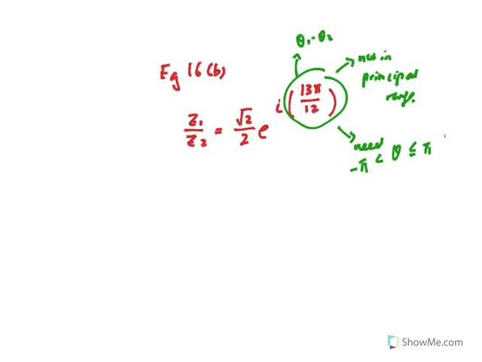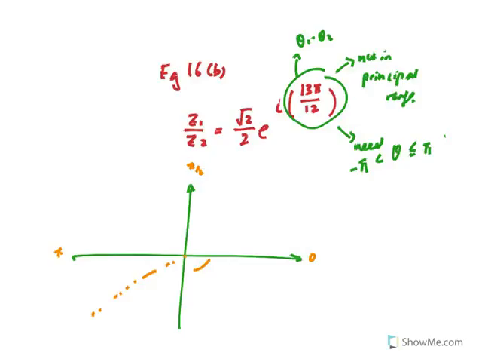Another way to go about doing this is to just draw it out. Say 13 pi over 12. It should be somewhere here. This is 0, this is pi over 2, this is pi. So 13 pi over 12 should be somewhere here, correct? But where is the argument? The argument is actually here. How do we measure this?